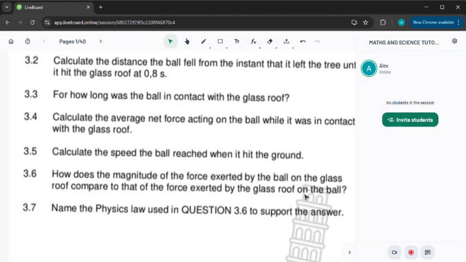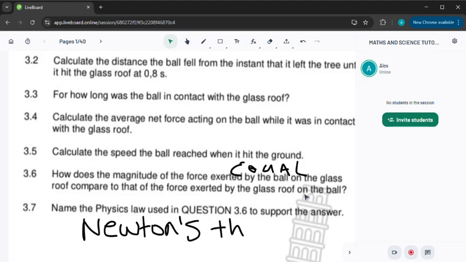Same magnitude but different directions. So for 3.6, you will say equal to. Then name the physics law used: that is Newton's third law of motion.